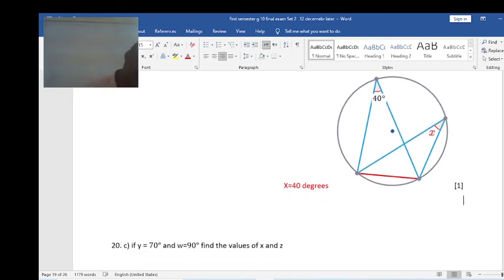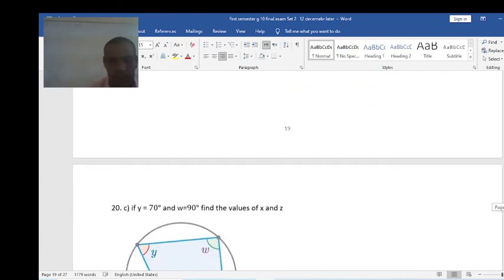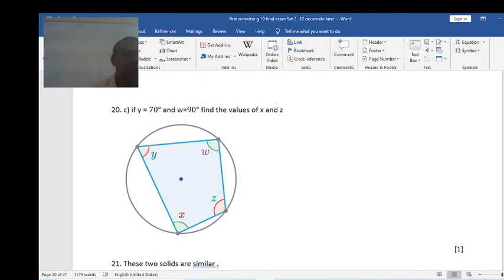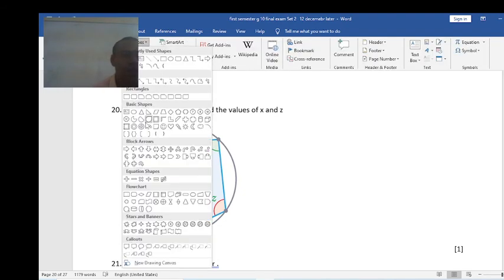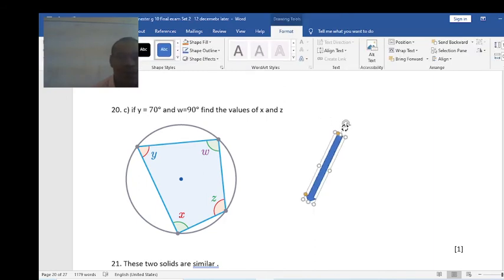The next example. If C equals 90 degrees, then, I'll just make a rotation. This is a cyclic quadrilateral, so the opposite angles always add up to 180.